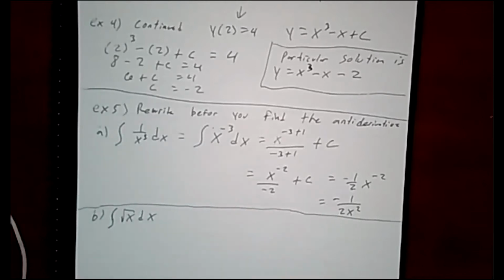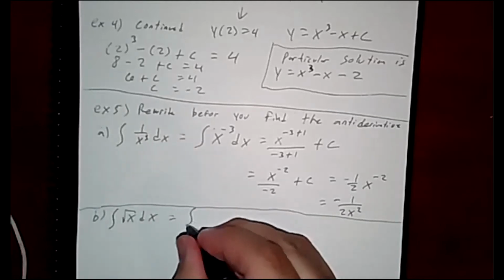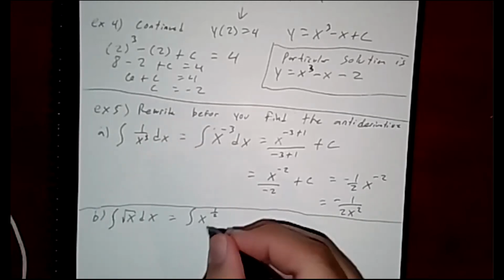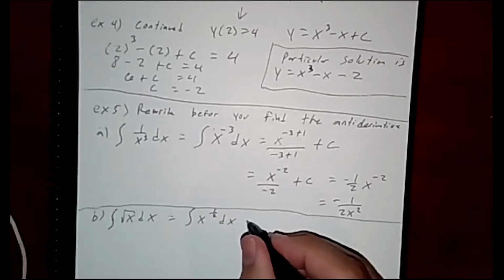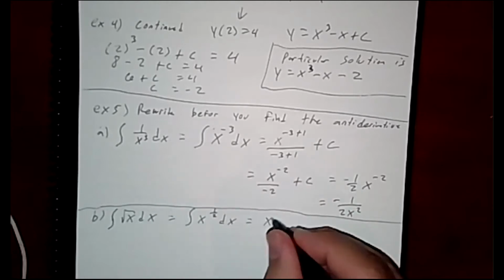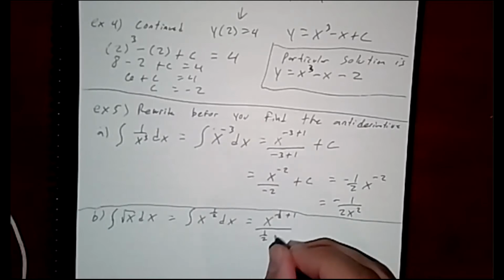So it's the square root of x. At first glance, it doesn't look like the power rule, but it is, right? So what power is the square root? 1/2. Yeah, so change it to 1/2 power. And then do the rule. So that will be x to the 1/2 plus 1 over 1/2 plus 1.